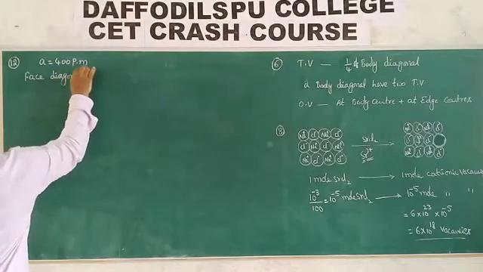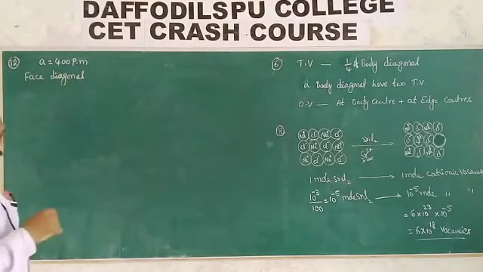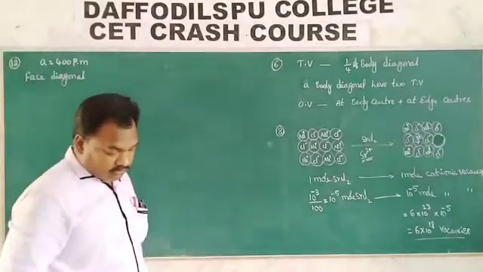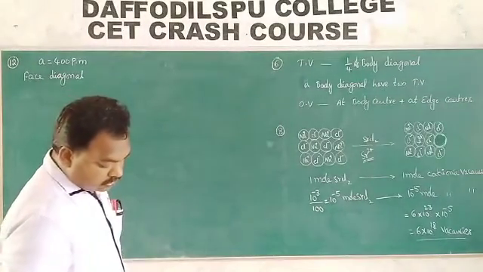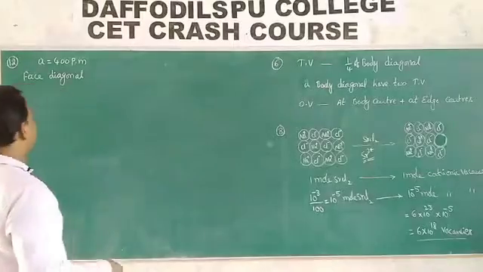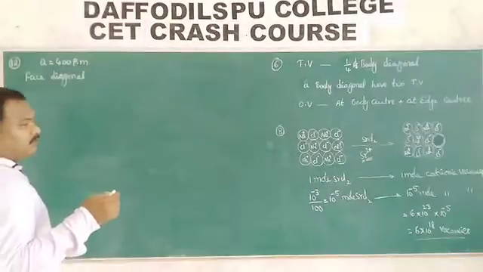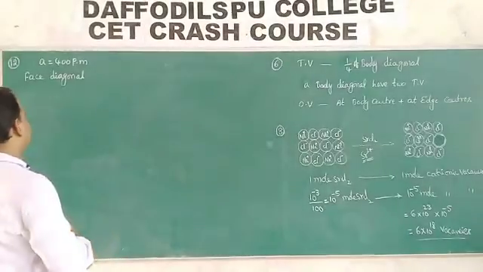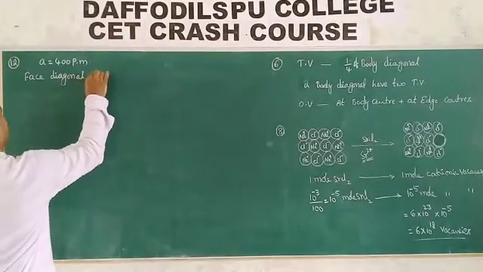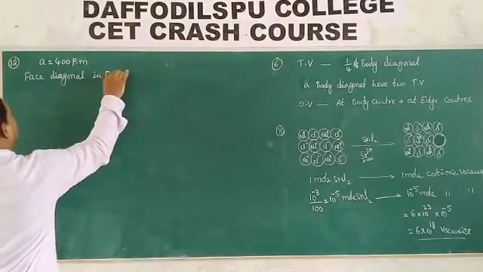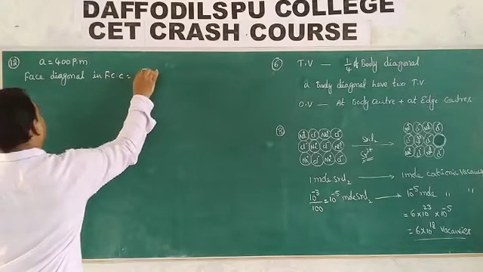Its face diagonal. So what is the crystal arrangement? Edge length of a cubic unit. So you have to consider that one as an FCC arrangement. Face diagonal in FCC is root 2a.